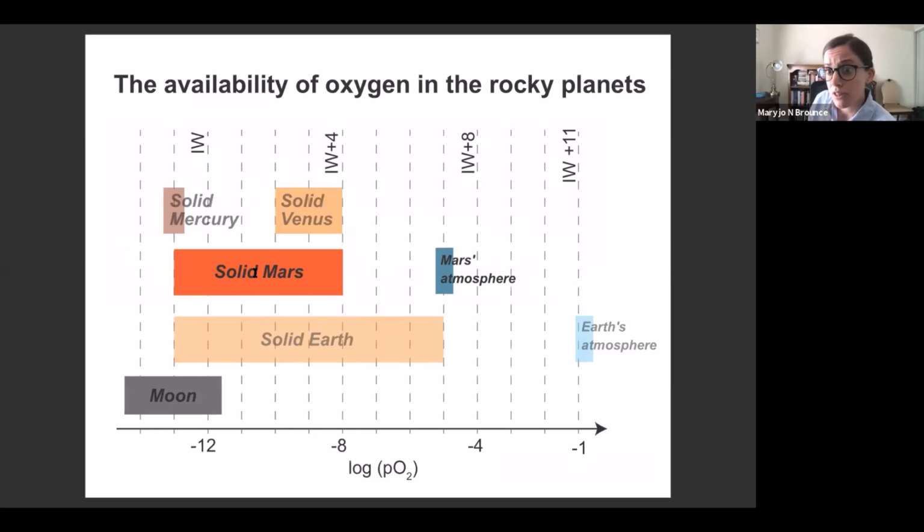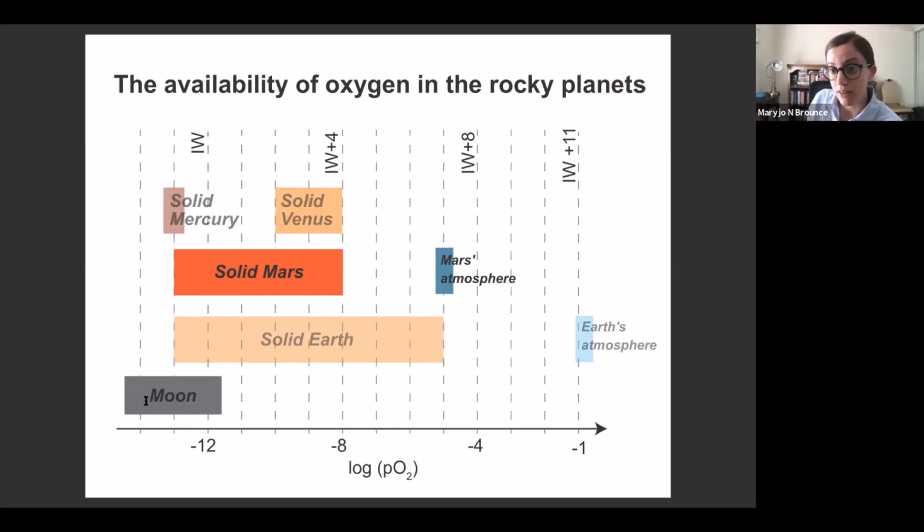But Mars is really different from Earth. There's no significant body of evidence that suggests that there's been plate tectonic activity on Mars, and so it becomes a good question to ask what kind of volcanological or crustal processes are happening on Mars that create this wide spread in the activity of oxygen in rocks on Mars.